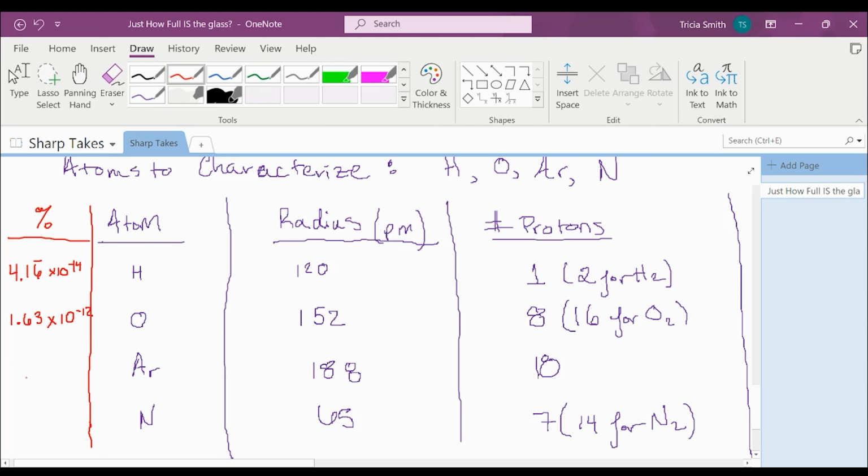Percent occupied in the volume of argon is 1.94 times 10 to the negative 13%. And for nitrogen, the percent occupied is 1.75 times 10 to the negative 12%.